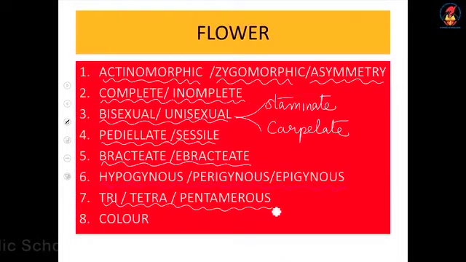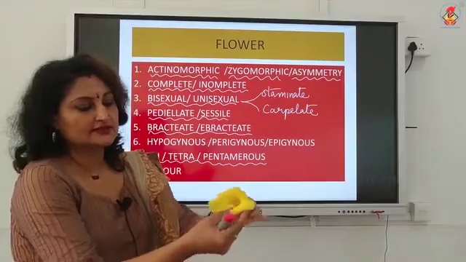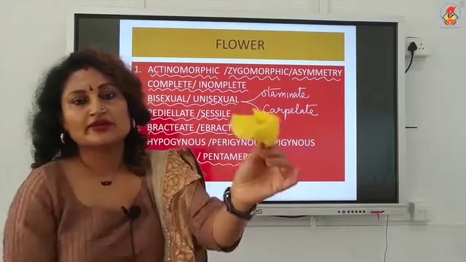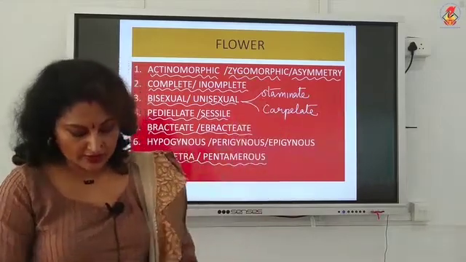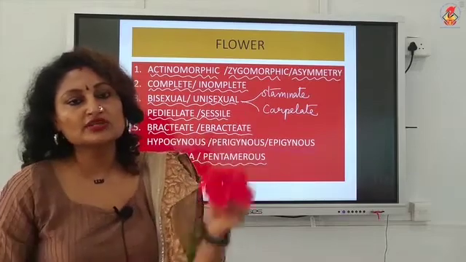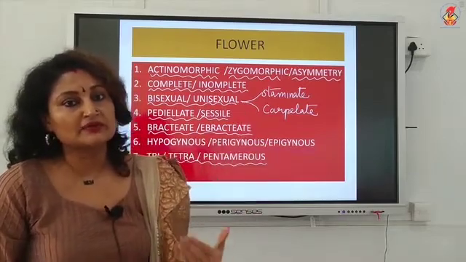The number of whorls, the number of members in each whorl. Whether it is trimerous, tetramerous, pentamerous. You are very familiar with the word. Tri means 3, tetra means 4 and penta means 5. Now, count the petals. See, if you count this petal, 1, 2, 3, 4, 5. So, this is a pentamerous flower. Now, hibiscus also 1, 2, 3, 4, 5. So, counting the petals, you can understand the number of members in each whorl.